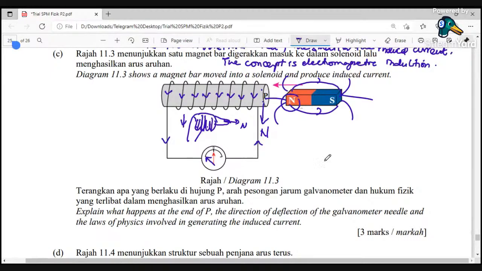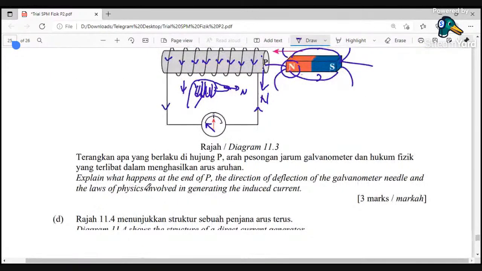So I just explain here. Explain what happens at NP, the direction of deflection of the galvanometer needle, and the law of physics.